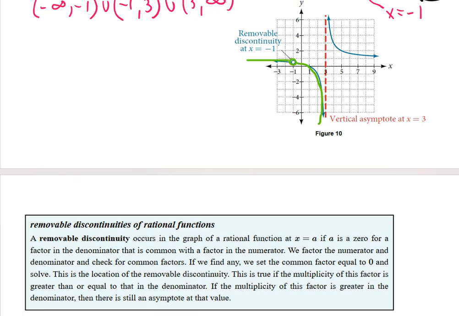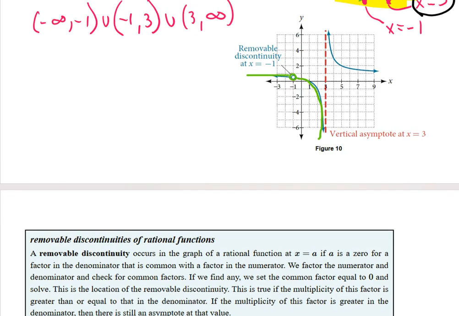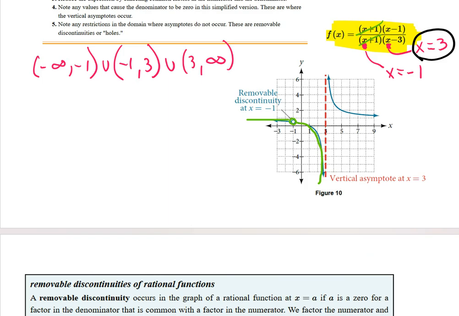It occurs if a is a 0 for a factor in the denominator that is common with a factor in the numerator, which we did. We had x plus 1 in the numerator and the denominator, which cancels them out. But since that x plus 1 is in the denominator, x can't equal -1. Because there's a common factor of it in the numerator also, it's not an asymptote. It's just a hole in the graph. Hopefully that explains that.